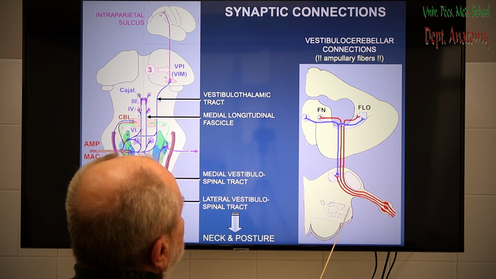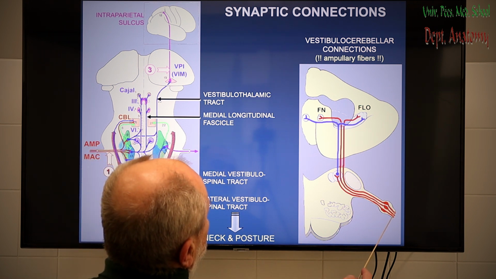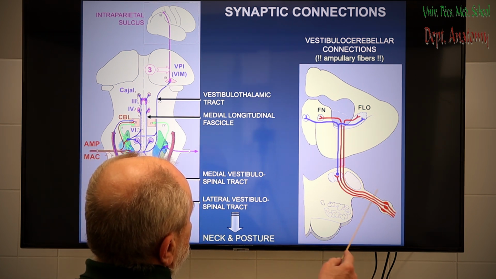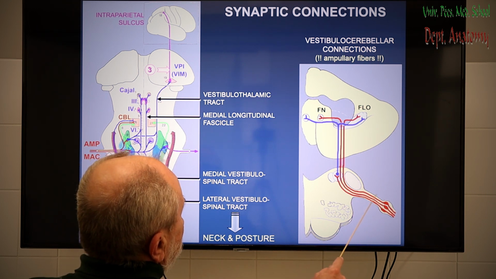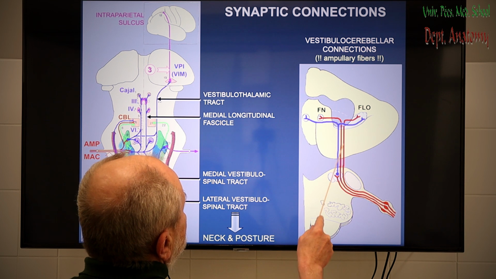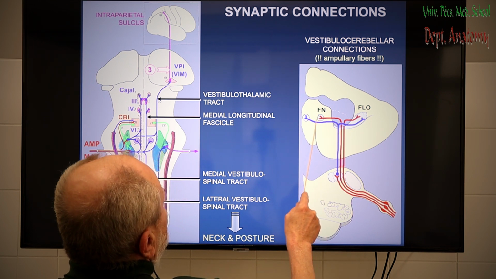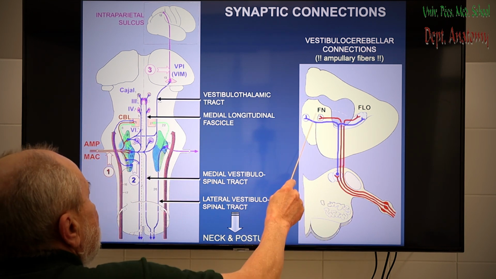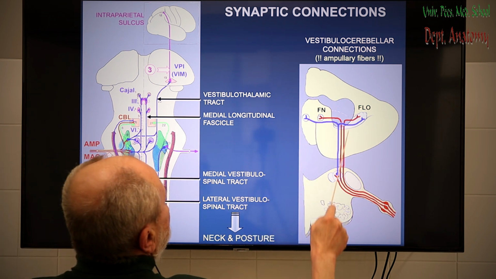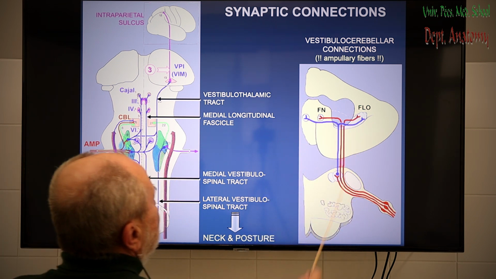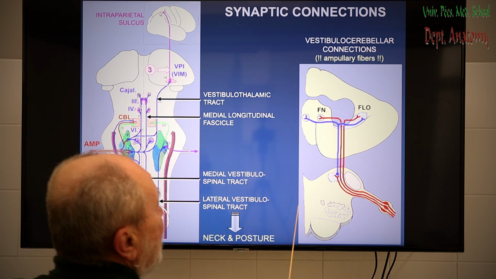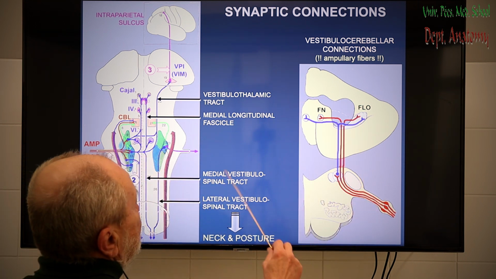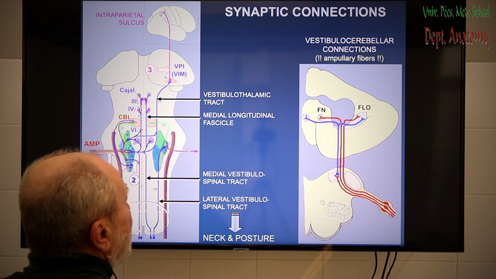Here you can see that the primary vestibular fibers coming from the vestibular ganglion of Scarpa may reach partly the fastigial nucleus of the cerebellum, and most of them go into the flocculus. You remember that the flocculus, together with the peduncle plus the nodulus, were called the archicerebellum or vestibulocerebellum, and here you can see why.